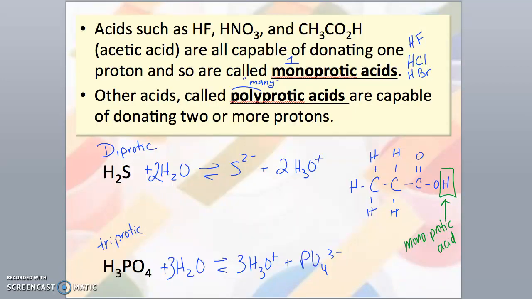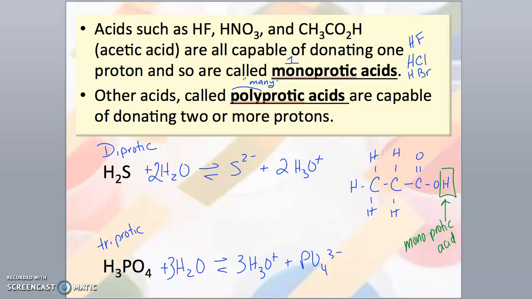Monoprotic acids have one donatable proton or hydrogen ion. Some acids have more than one. You may see the term polyprotic, which refers to more than one, or a more specific term like diprotic, referring to 2 donatable protons, or triprotic, which would be 3.